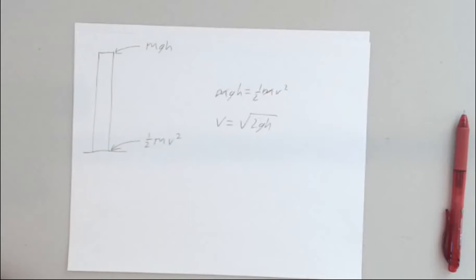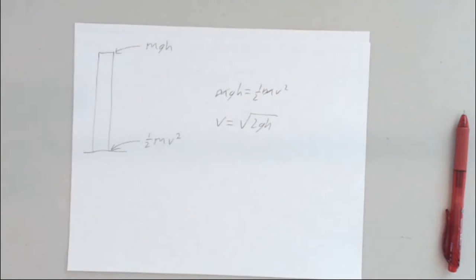The real advantage to energy is that it often allows us to do things in a much quicker way because we don't have to worry about time. Now, that shortcut only works if we don't have to worry about time. If we do, then we're just going to have to go back and do things with forces and accelerations and kinematics and all that jazz.